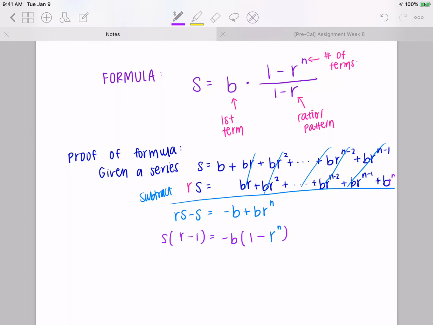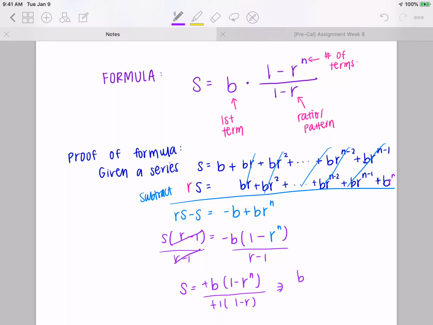Okay, and then I just need to divide both sides by R minus 1. Then I have S equals negative B times 1 minus R to the nth power all over the bottom part. If I take out a negative, it would be 1 minus R. So these negatives go away.